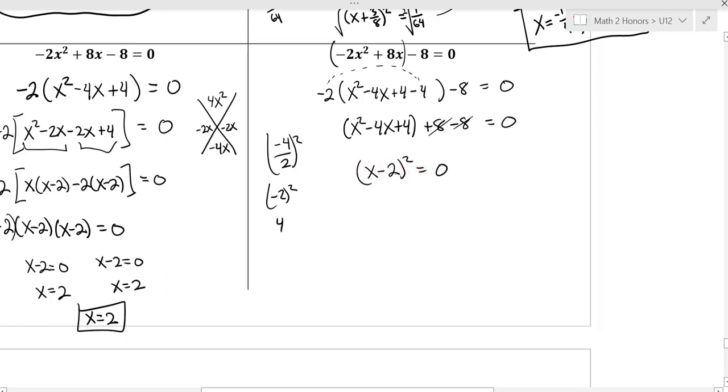I got the 2 from half of b, so b is -4, half of b would be -2. Take the square root of both sides. Really don't need the plus or minus here because it's square root of 0. And we end up with x minus 2 is equal to 0. And then we end up with x is 2.